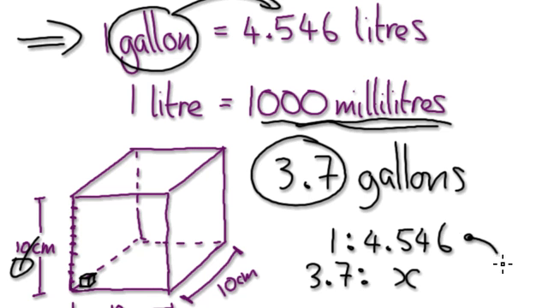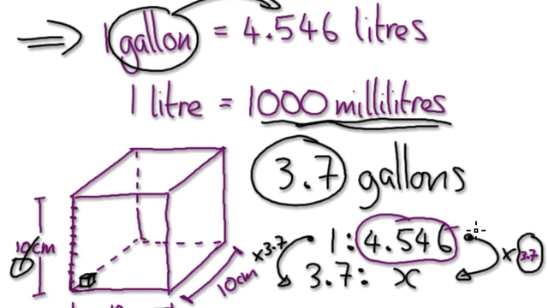Ultimately we start here and jump into the x. We need a multiplier, which is the same as this multiplier over here, so we times it by 3.7. Therefore our multiplier is 3.7. So whatever this number is, times it by 3.7.